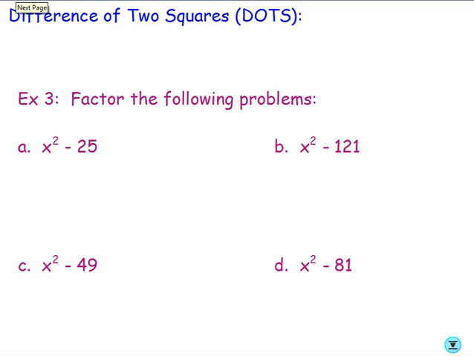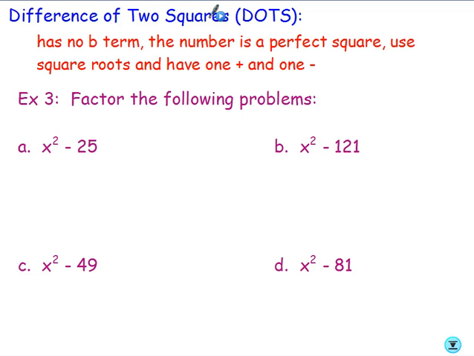Our next type of problem is called the difference of two squares, or you will hear me refer to it as dots, as a simplified way of saying it. So let's write down some rules. Dots problems are very, very special, and they have some very important pieces to them. First of all, they have no B term. That's the part in the middle.